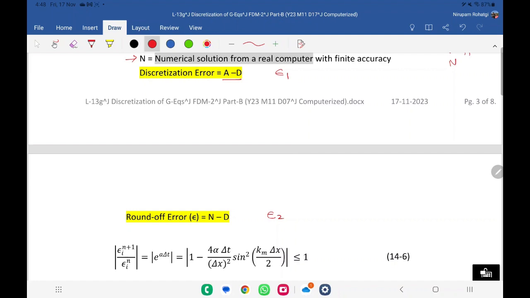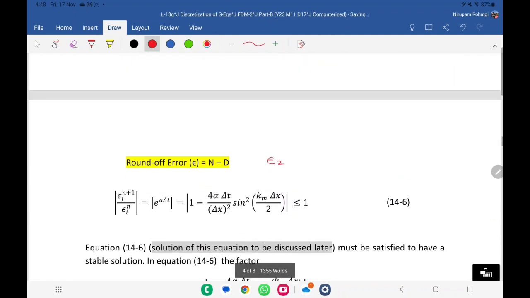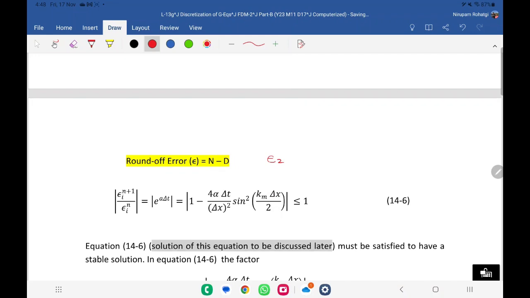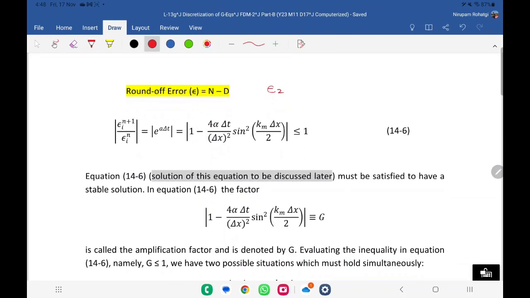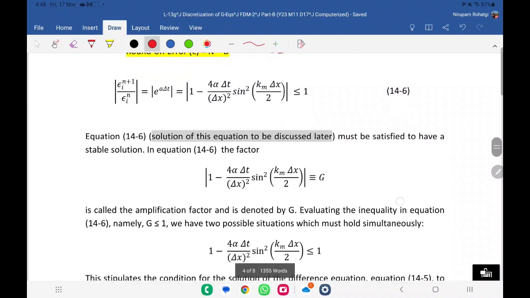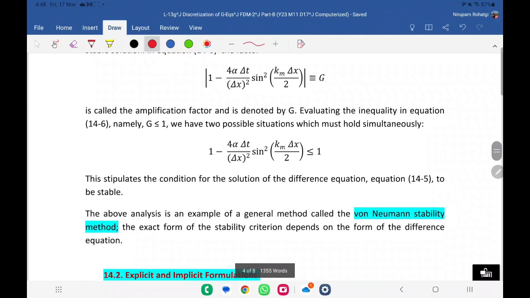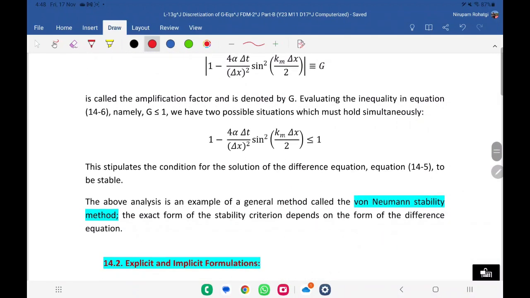Second error, because you are not able to find the exact solution, you are using an approximate method to find the solution, right? Now there is an analogy, but we will drop this for the time being, because this requires some more exercise before we reach this point. Okay.